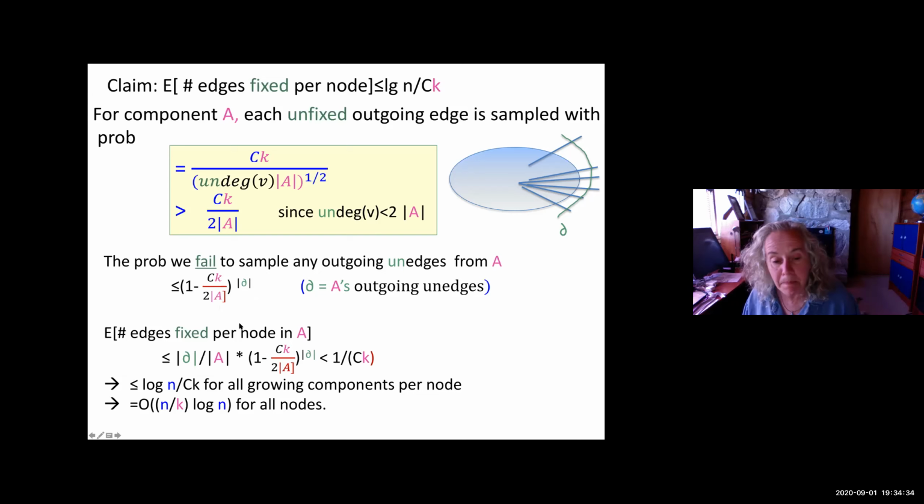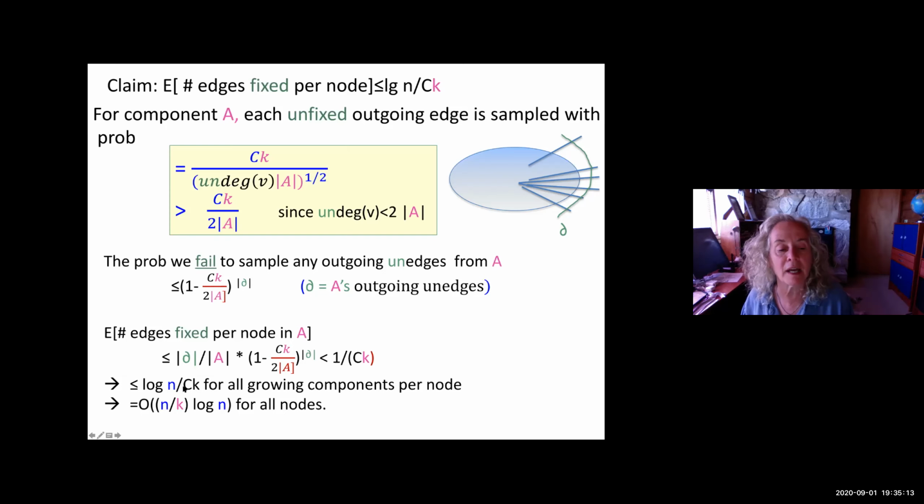So therefore, the probability that we actually fix these edges, remember we fix these edges when we fail to find one of them, it's just the expected number of edges fixed is the size of the boundary per node, times the probability that we fail to find any one of them, which turns out to be 1 over ck. So this is the expected number of edges fixed per node, and every node appears in no more than log n A's.